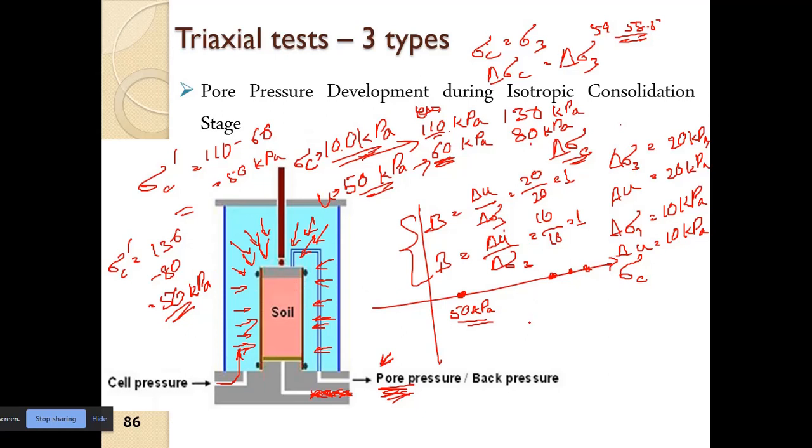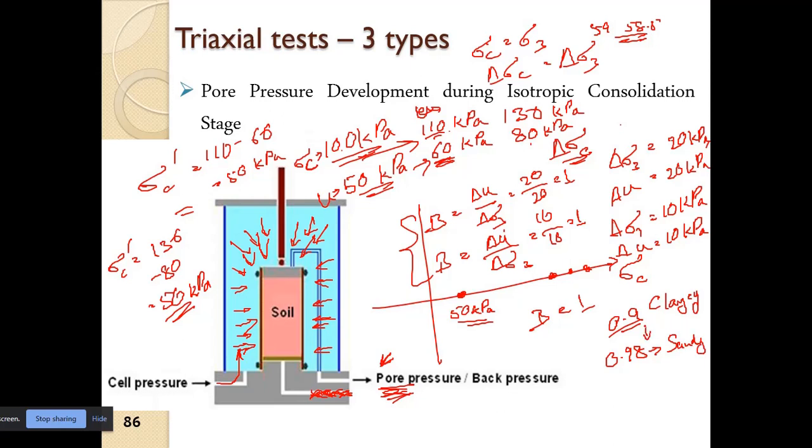So if B is equal to 1, then we can say that the soil is saturated. If B is not equal to 1, definitely, for practical cases, it is around, if it is more than 0.9 for clay soils, and it is around in the range of 0.98 for sandy soils.